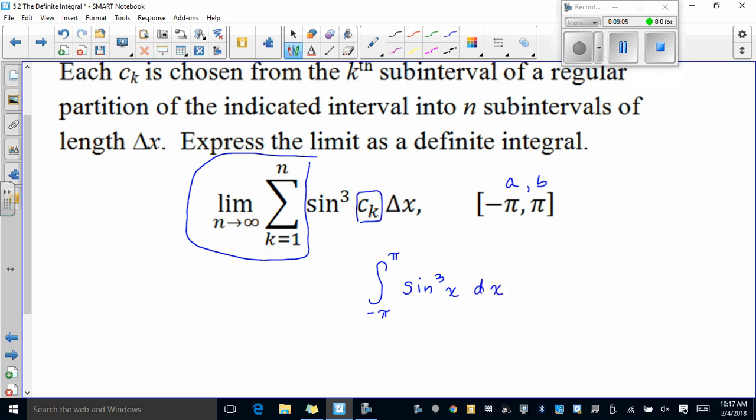So still -pi to pi, but on this one here, you would rewrite it as, and the parentheses would be necessary, sine of x, close parentheses, cubed dx. Because remember, it doesn't matter where you put that 3 at, it's telling you to take the third power of whatever sine of x is, not the third power of x.